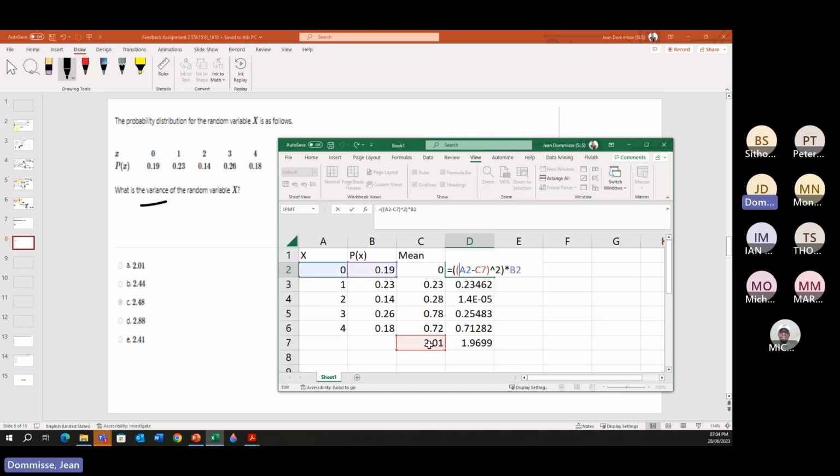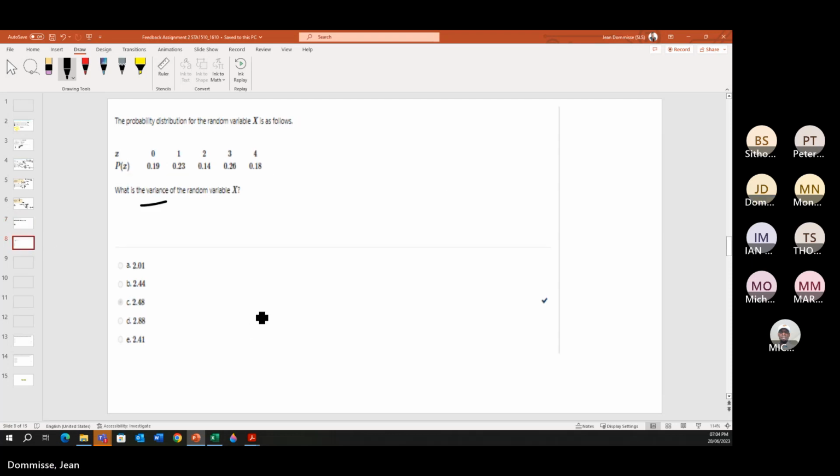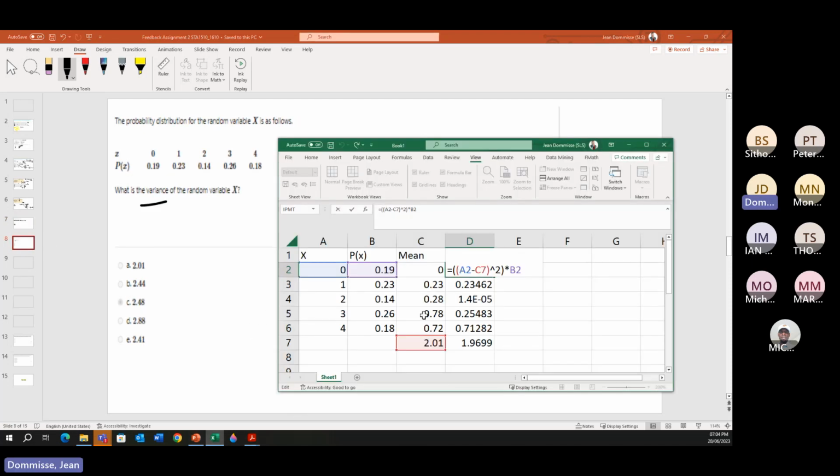X minus the mean. And that mean was 0.01. Okay, so it is X minus the mean.